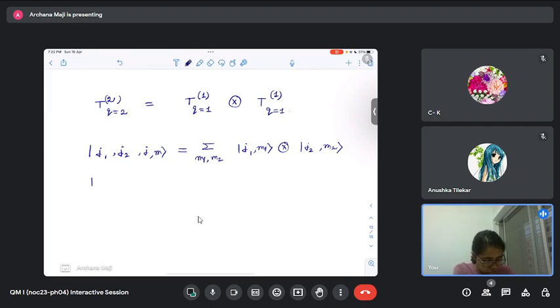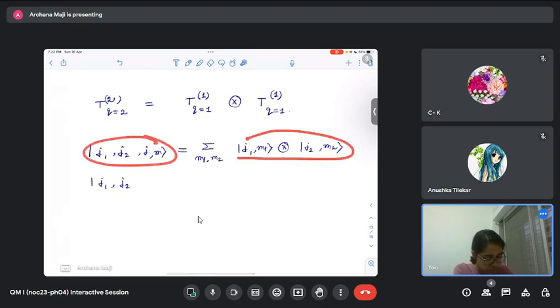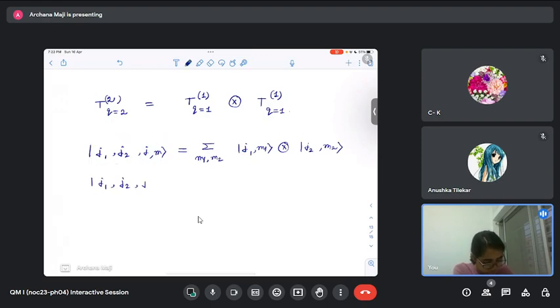And one more thing I want to point out: this is the coupled basis written in terms of the uncoupled basis. When it is the maximum m value, which ma'am called the stretched state in the lectures, that is nothing but J1 with M1 equal to J1, tensor J2 with M2 equal to J2.